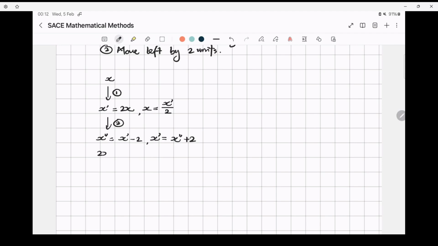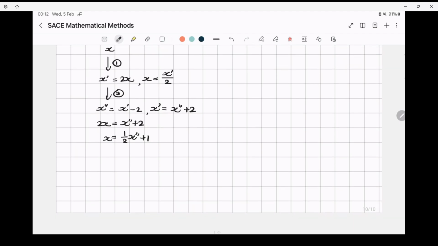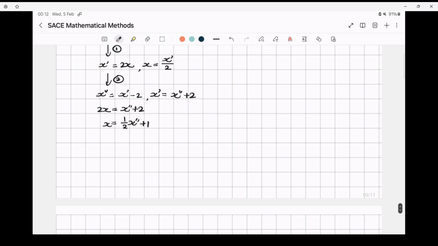So 2x equals x double prime plus 2. x will be 1 over 2 x double prime plus 1. So in the end, what is your final equation? The final equation is y equals f of 1 over 2 x plus 1.